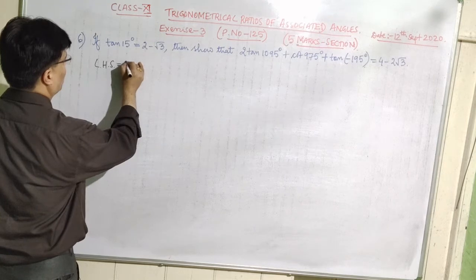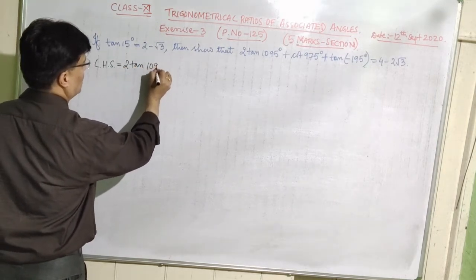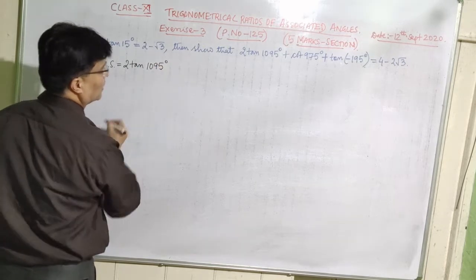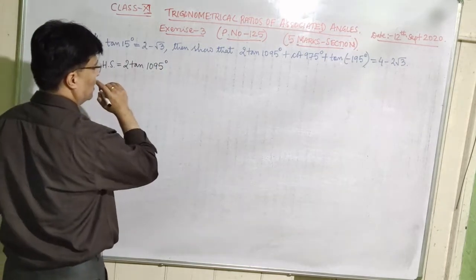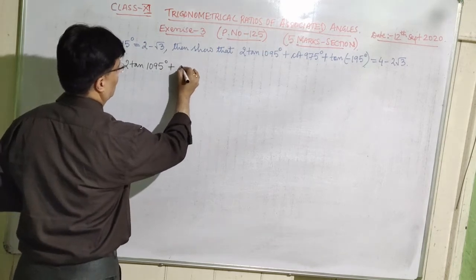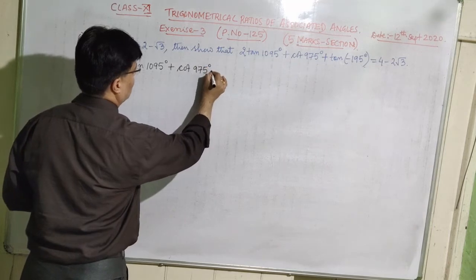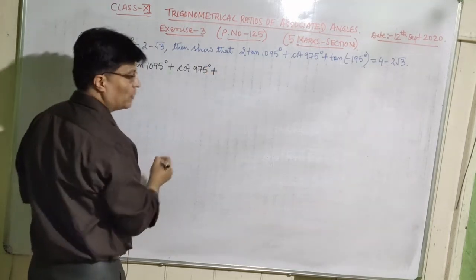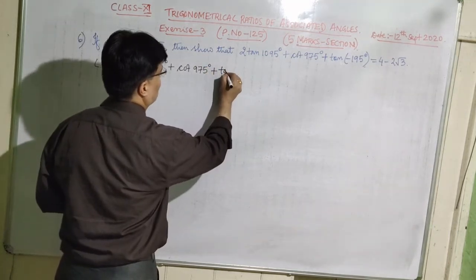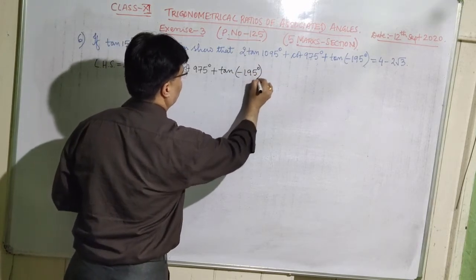is equal to 2 tan 1095 degree plus cot 975 degree plus tan minus 195 degree.